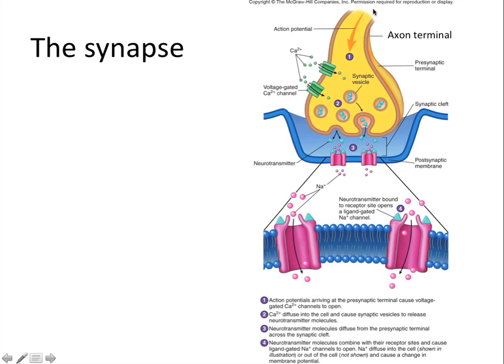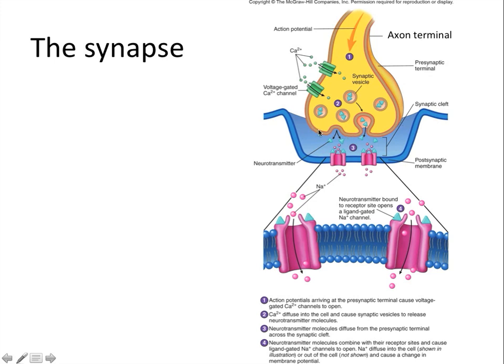That means when this voltage arrives down here, calcium will take an influx into this area here, which is known as the presynaptic terminal. What happens is that calcium flowing into the presynaptic terminal will cause these little synaptic vesicles to bind to this area, which is called the presynaptic membrane.